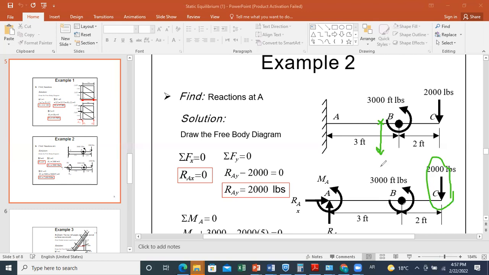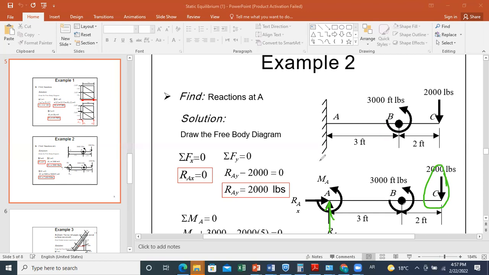If they gave us the weight, we say minus 2000 minus the weight plus Ry equals 0, and we get Ry. But since here they didn't mention anything about the weight, this means that we can neglect it. And then the vertical reaction at A will just be here to oppose the downward vertical force of 2000.